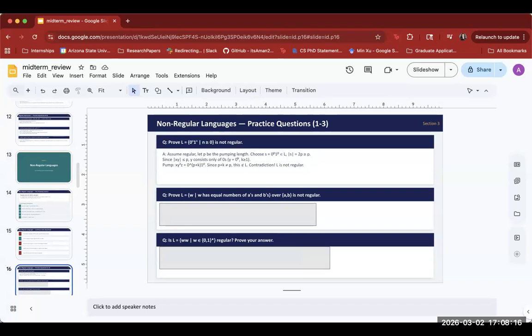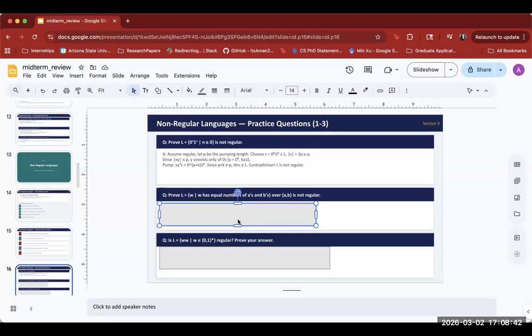And then the length of xy is less than or equal to p, and y consists of only zeros in that case. And then you pump, which is basically you add 2 to that xyz, and then you end up with the string shown here, which is 0 raised to p plus k, and then 1 raised to p. And since p plus k is never going to be equal to p, this is a contradiction, and L is not regular.